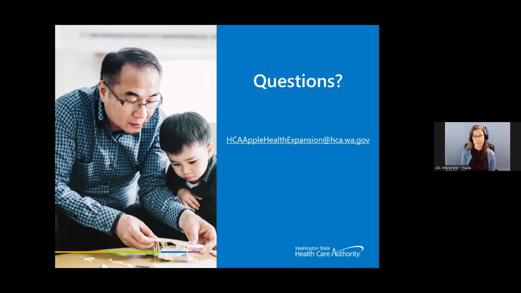Noticing a couple of questions about the difference between Washington Apple Health expansion and the QHP expansion program. So I will note again that Washington Apple Health is a separate program.